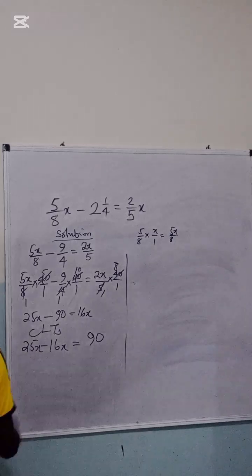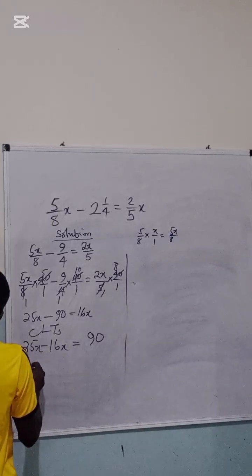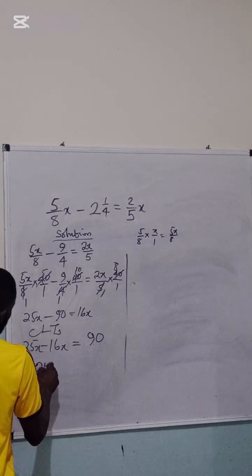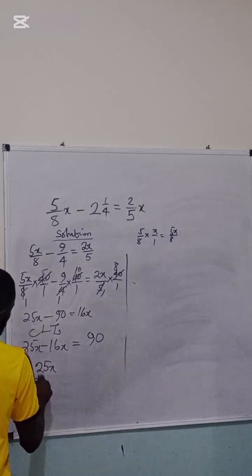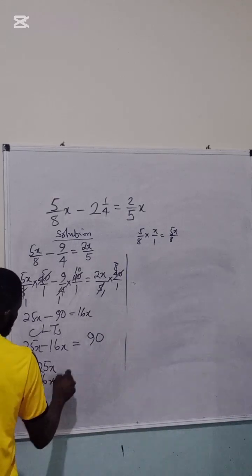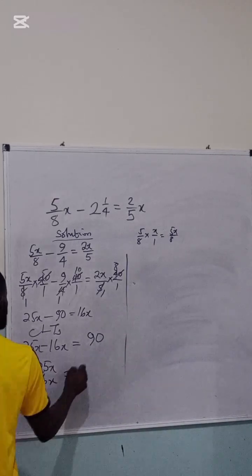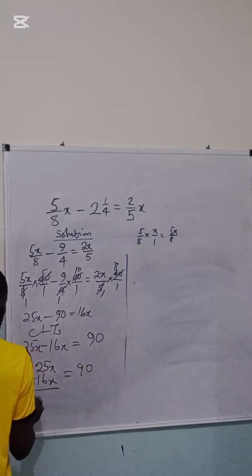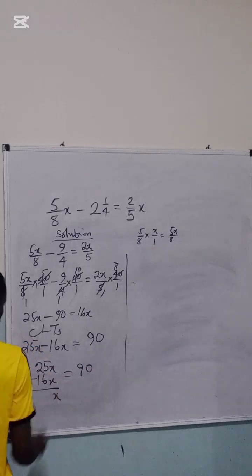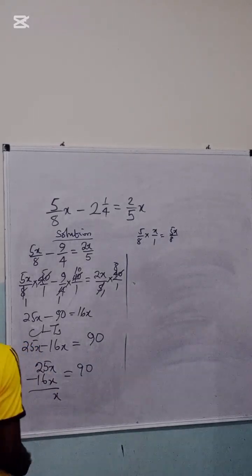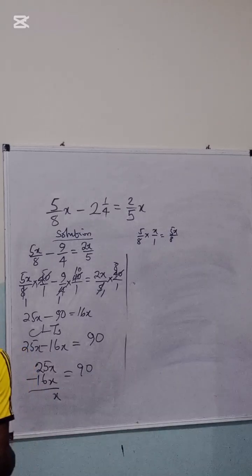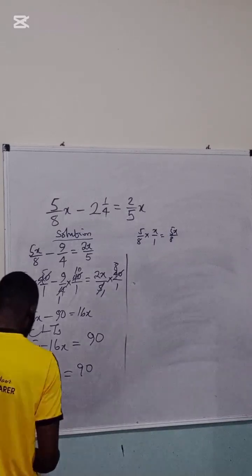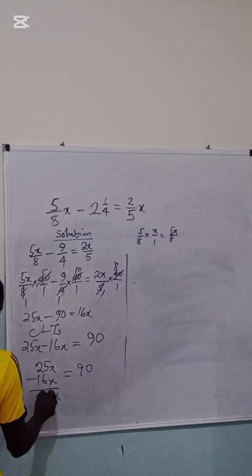So over here we're going to have 25x minus 16x to be equal to 90, and this gives us x, and 8, 9, 10, 11, 12, 13, 14, 15.